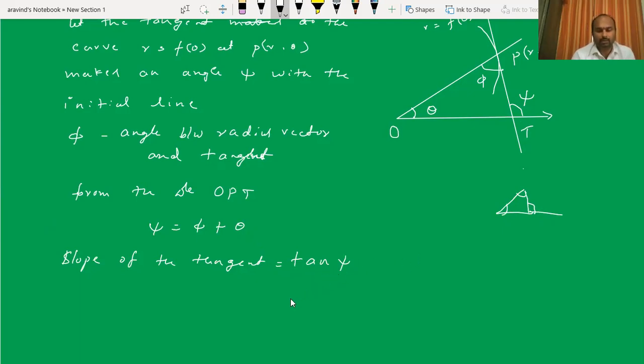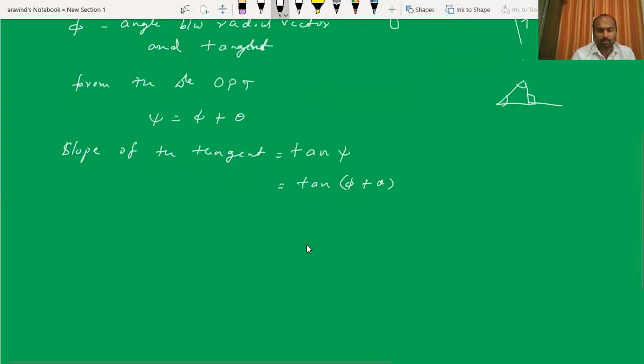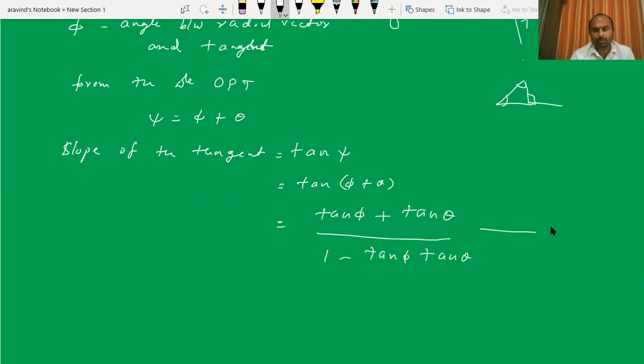So tan psi will be the slope. So what is psi? Psi is phi plus theta. So I will apply the tan(a plus b) formula. So what I'll get is tan phi plus tan theta divided by 1 minus tan phi into tan theta. You take this as equation 1.